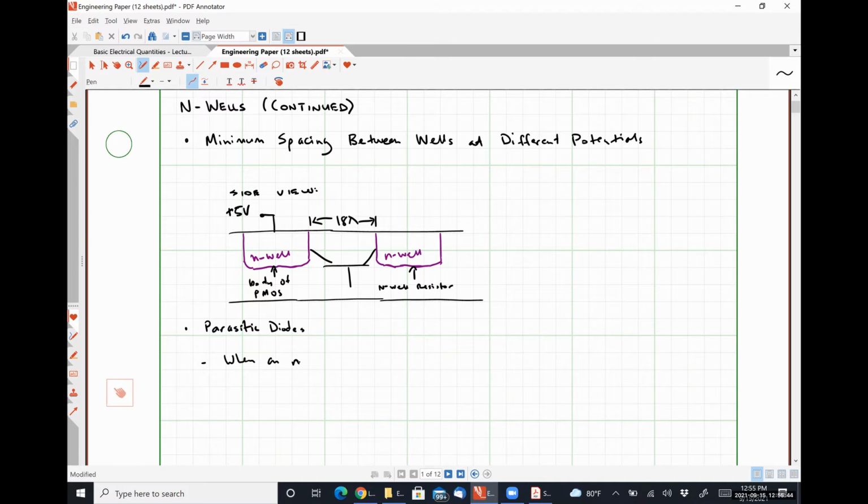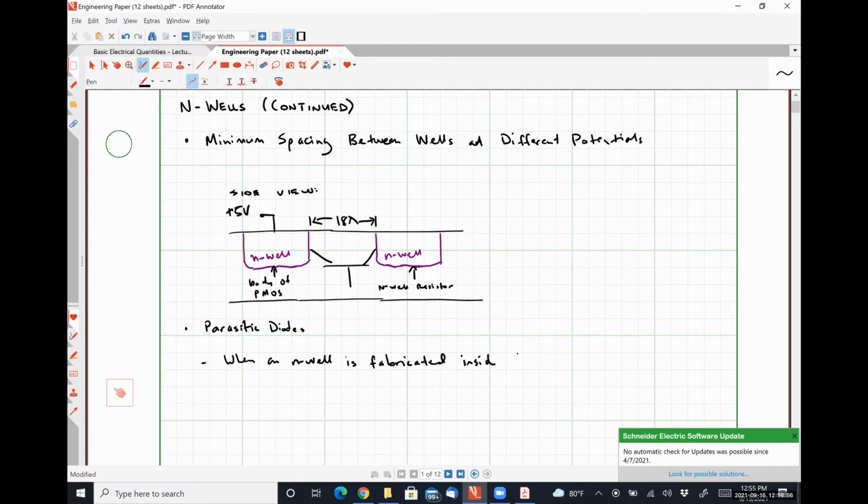So when an N-well is fabricated inside a P-type substrate, a PN junction occurs at the interface.